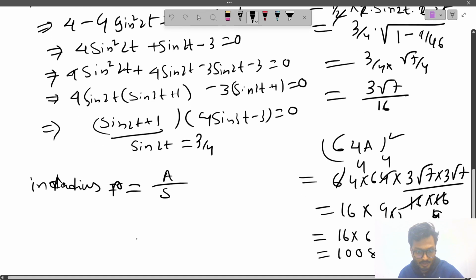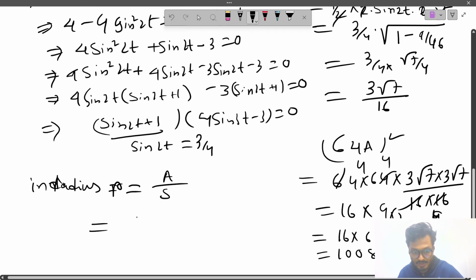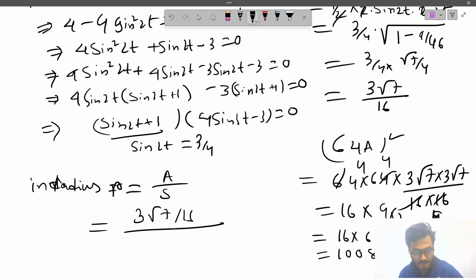That means this equals A, which is 3 root 7 by 16, divided by, so what is the perimeter? Perimeter is a minus d plus a plus a plus d, that means 3a. So this s means perimeter by 2.